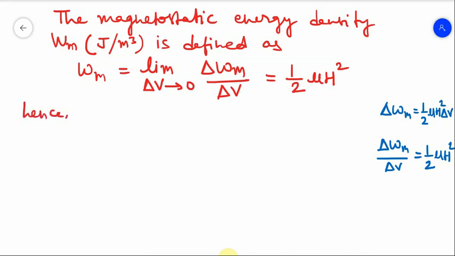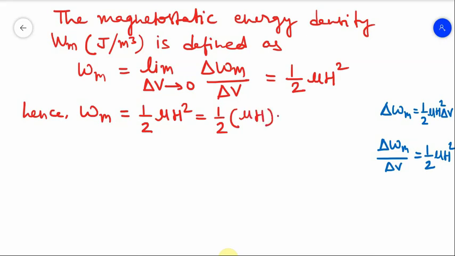Hence this Wm equals half mu h square, and that is equal to half into mu h and into h. This mu h can be written as b, because b equals mu into h, so it is half b dot h.